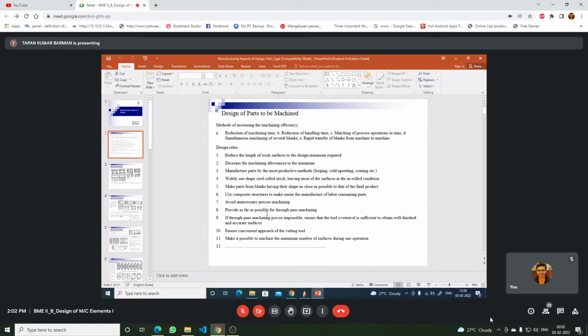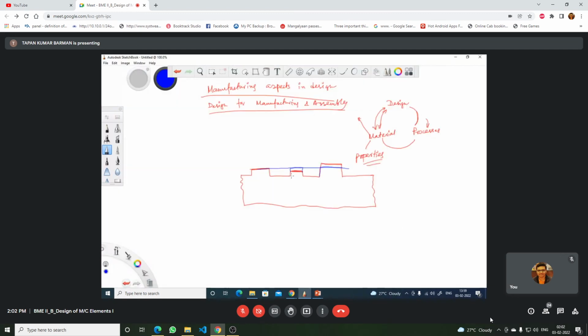So you may change the design, and if design permits, then you can save your money. If through-pass machining is impossible, ensure that tool over travel is sufficient to obtain a well finished and accurate surface. Say for example, here this through-pass machining is not possible, but your component is close to this one, then it is very difficult to withdraw the tool from here and also to come at this position.